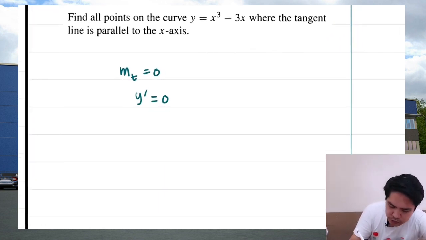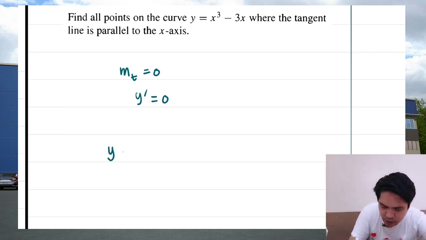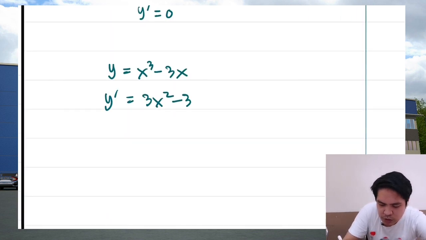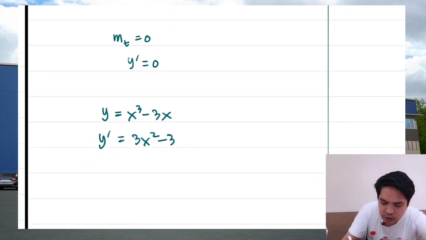Now, we have the function y is equal to x cubed minus 3x. So if we get y prime, that would be 3x squared minus 3. And since y prime is equal to 0, ayan, dito, so let's just equate that to 0. Ganon.